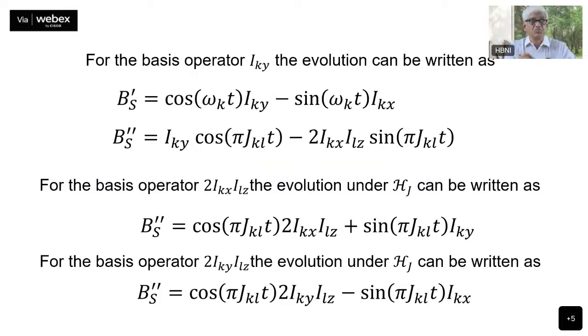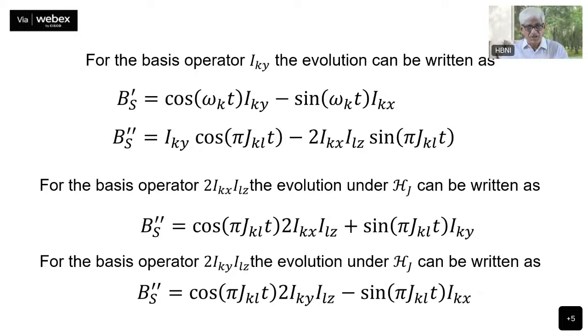For the basis operator 2 I_kx I_lz, the evolution under the coupling can be written as cosine(pi J_kl t) 2 I_kx I_lz plus sine(pi J_kl t) I_ky. And for 2 I_ky I_lz, I get cosine(pi J_kl t) 2 I_ky I_lz minus sine(pi J_kl t) I_kx. This is just the final result of this calculation.